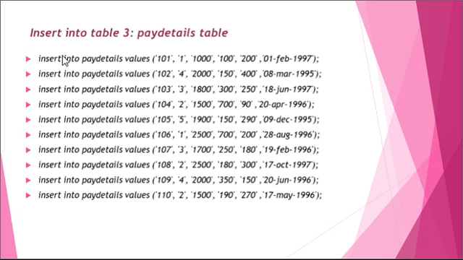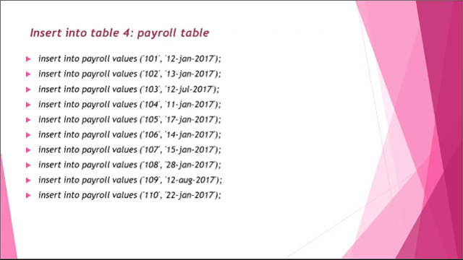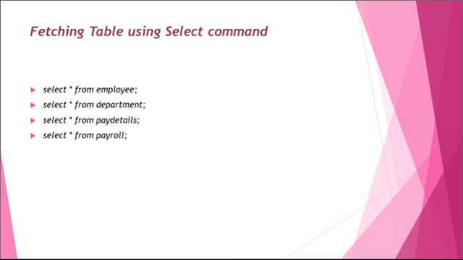Next is the pay detail table. We have inserted employee ID, department, basic, deduction, addition and date of joining. Now we have the fourth table, the payroll table. We have inserted the columns and their dates of joining.